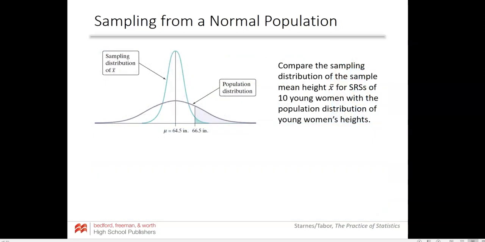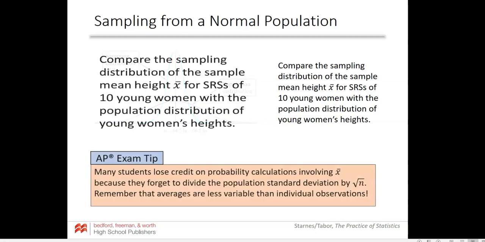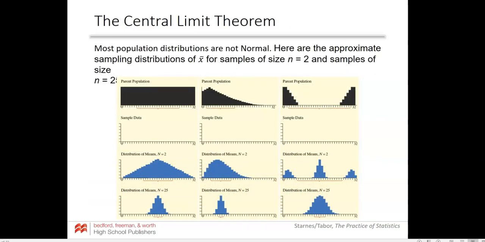And so you can see just in general, when you take a sampling distribution of x bar, it's always going to have the smaller spread. So the taller, thinner one there, that's the sample, because it doesn't have as much spread to it. Many students forget to divide by the square root of n. So they put the population standard deviation when they take a sample, and that's just going to get you dinged every time.